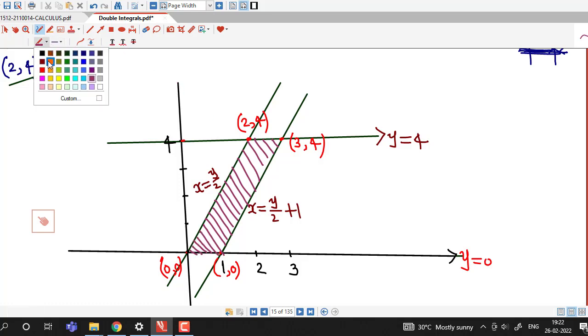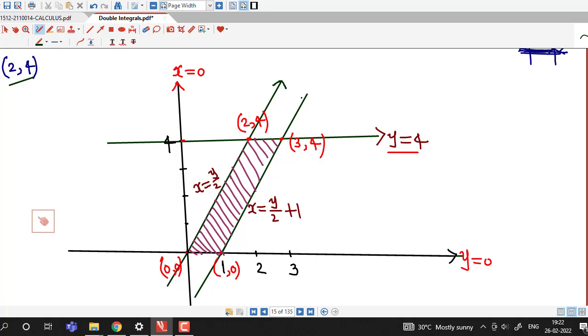This is the y-axis, that is x equal to 0. So we should write all the things. We must specify the equations of the curves.